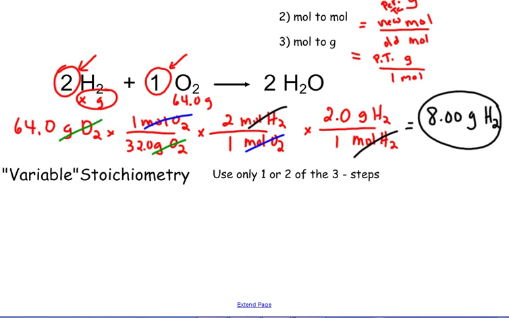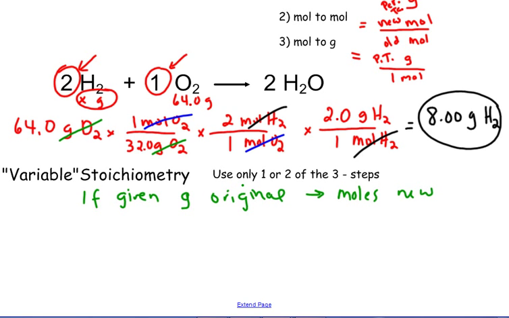If I give you grams of the original substance, then you're starting out with the first fraction of the 3-step problem. If you're given grams of original and you have to go to moles of the new substance.